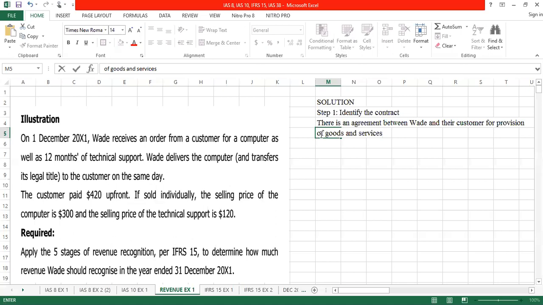So there is a contract because Wade is to deliver goods and services. So that is step 1.